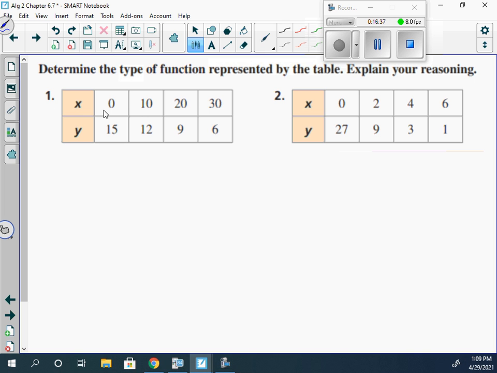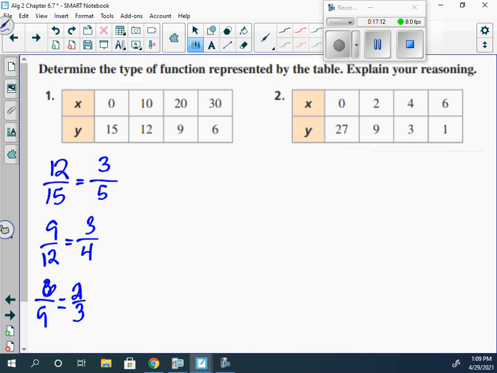Determine the type of function represented by the table. Explain your reasoning. So we have, well, it's going by 10, then we have 15, 12, 9, 6. So we can look at the ratios, 12 over 15, 9 over 12, 6 over 9. 6 over 9 is going to be 2/3. 9 over 12 is 3/4.